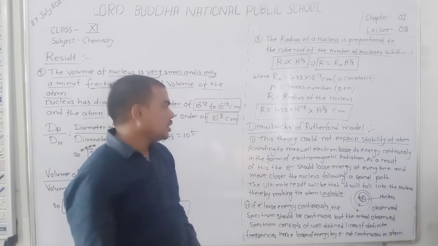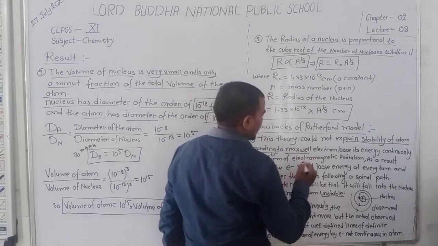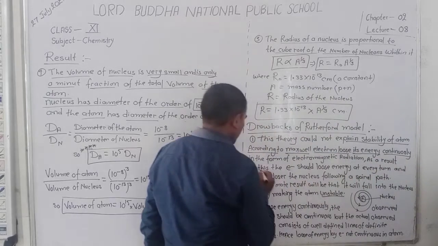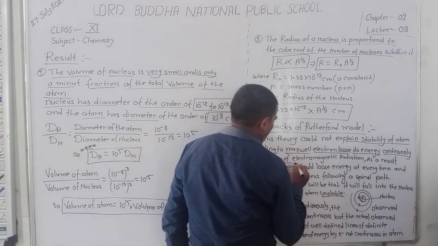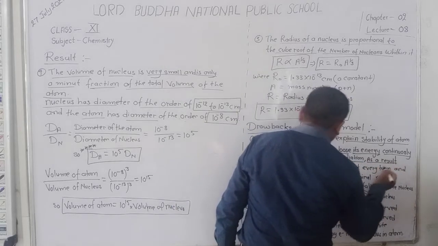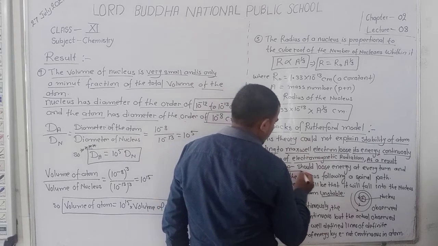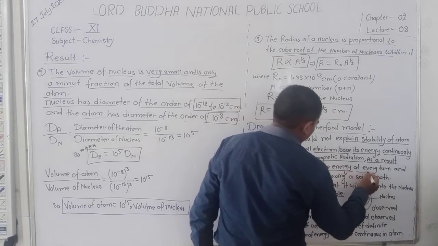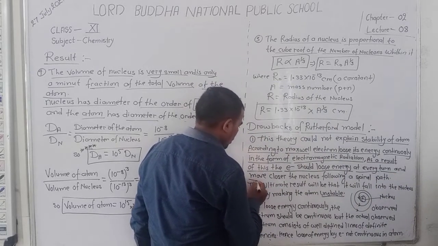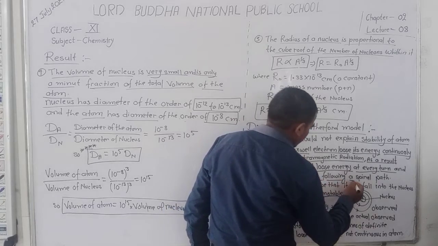That is because according to Maxwell, an electron loses its energy continuously in the form of electromagnetic radiation. As a result of this, the electrons should lose energy at every turn and move closer to the nucleus following a spiral path.